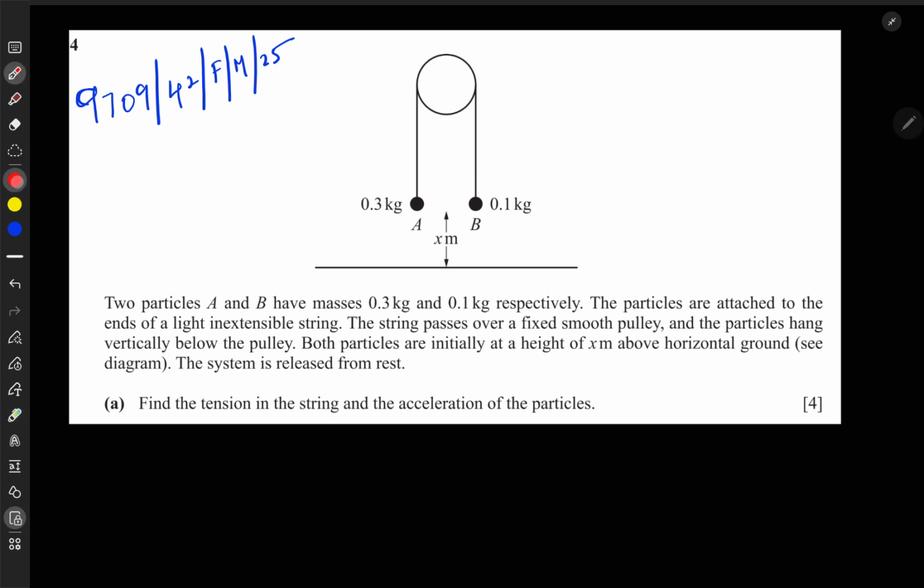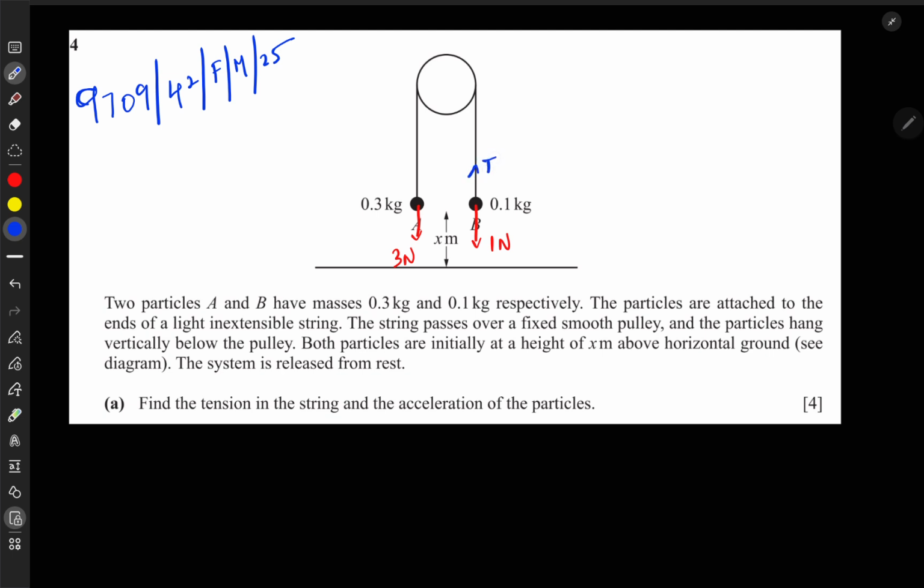Now let me draw the forces acting on both A and B. B will have its own weight, that is 1 newton, because 0.1 times 10 is 1, and A will have 3 newtons. Definitely A has the greater force, and there will be a tension force in the upward direction.